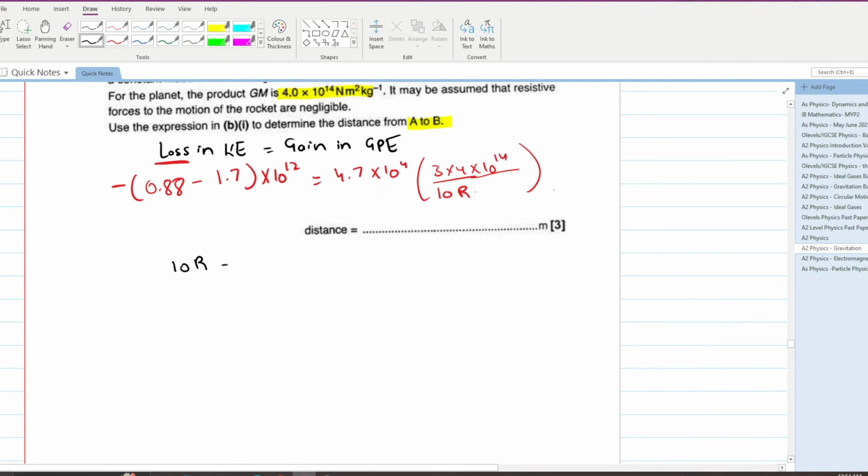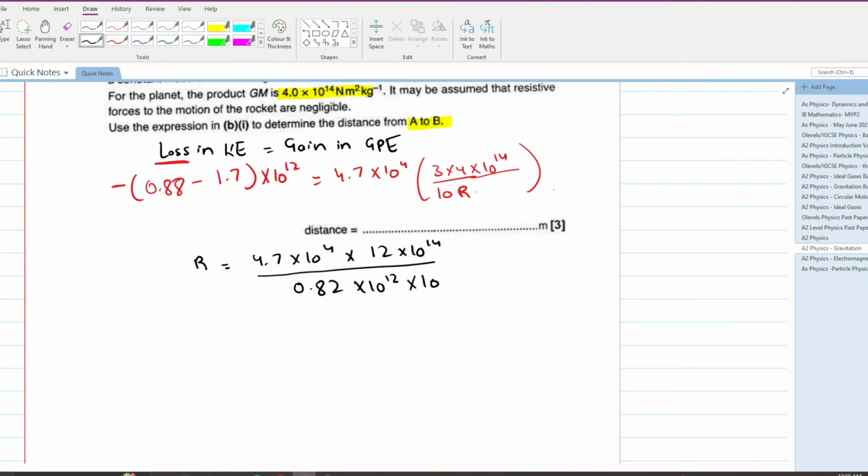Now, what will I do? 10R is equals to 4.7 into 10 raised to the power 4 into 12 into 10 raised to the power 14 divided by 0.82 into 10 raised to the power 12. Also, I will bring this 10 towards the downside, so I don't have to do an extra calculation step. Multiplied by 10. Let's put all these values.